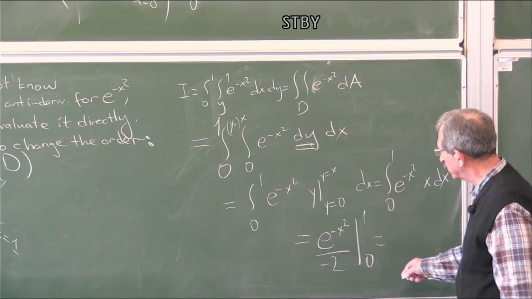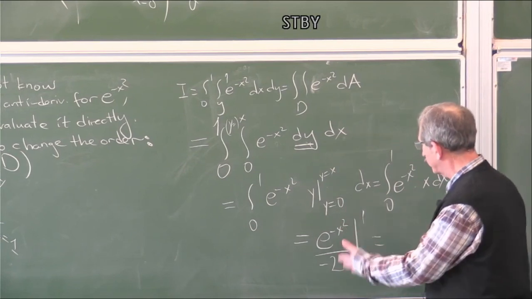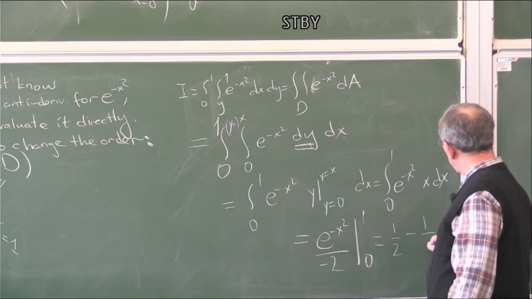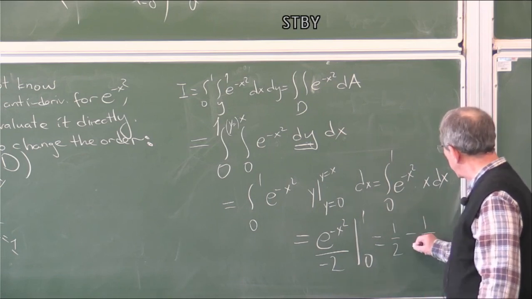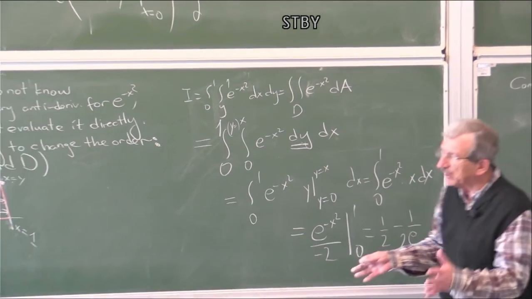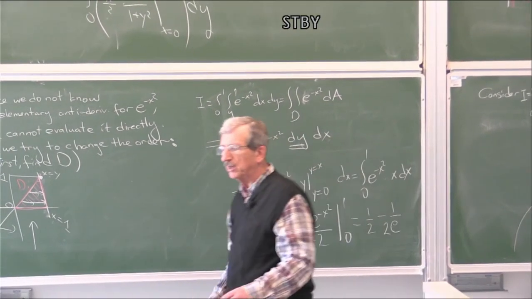Well, so what do you get? For 0, you have 1/2. For 1, you have 1 over e and a 2 here. So it is this. So changing the order can make an impossible looking calculation possible.